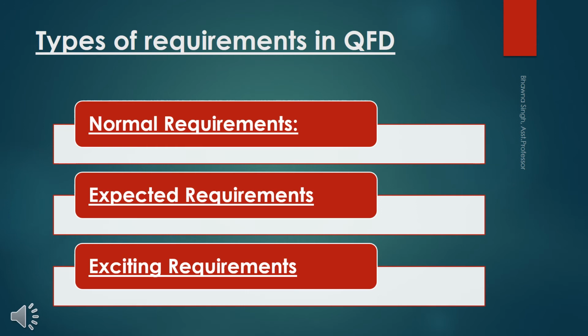For example, if the system shuts down automatically whenever someone illegally wants to access the system, or someone wants to hack the system. So these are the exciting requirements that make the customer more satisfied and happier.